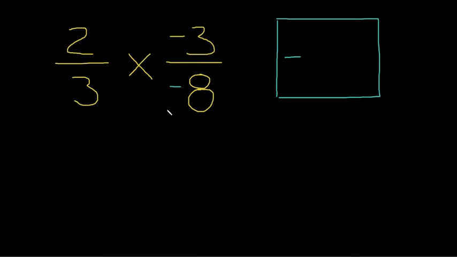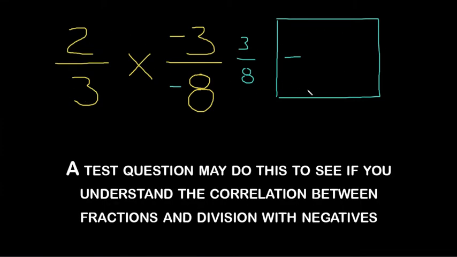That would make this positive 3/8, and then we would have a positive times another positive. So my answer would be positive, and I wouldn't need the answer block. My answer would be positive, but it's not. It is a negative divided by a positive, which makes this a negative. Therefore, this is a positive times a negative. My answer will be negative.